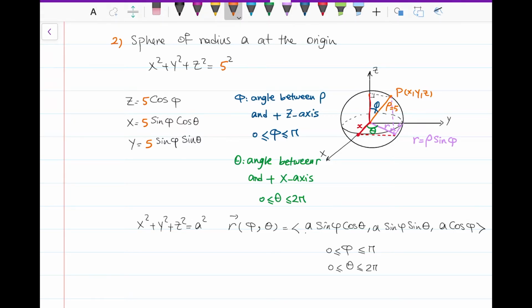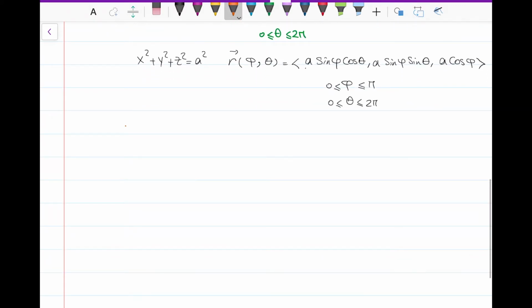For the next one, I'm gonna choose a plane. Let's choose a simple plane like 3x plus 5y plus 7z equals 10. Okay, in that case, let x be my first parameter, u, y be my second parameter, v, and then z.